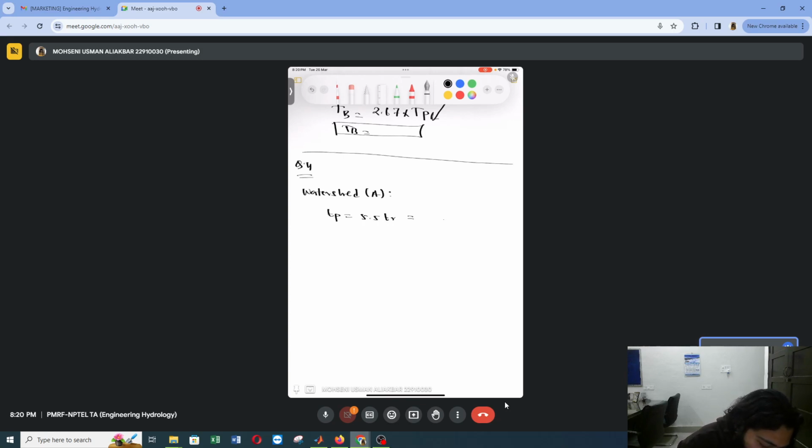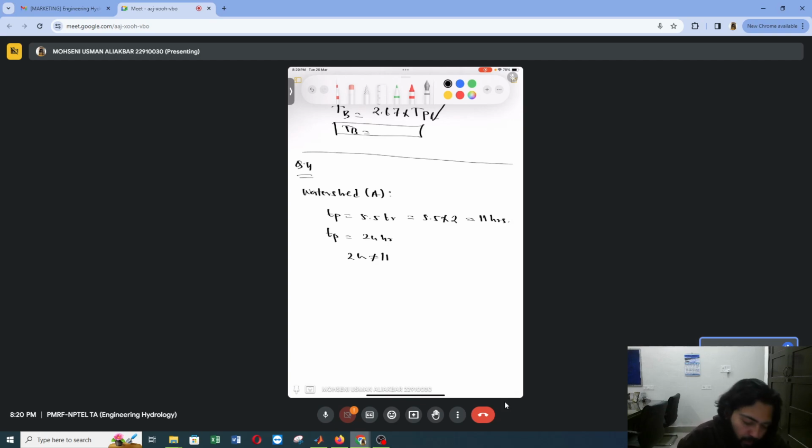Using this equation, we get 5.5 times the duration of rainfall, which is 2 hours, so it is 11 hours. But the basin time lag given to us was 24 hours. So 24 is not equal to 11, which means this is not following the standard form.